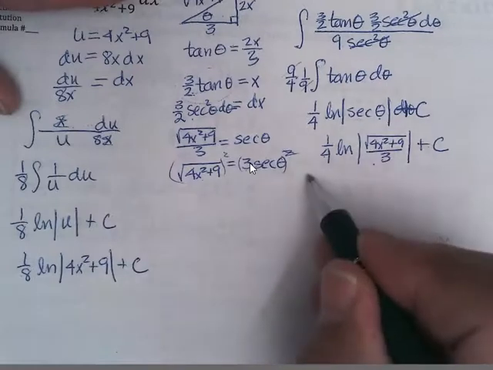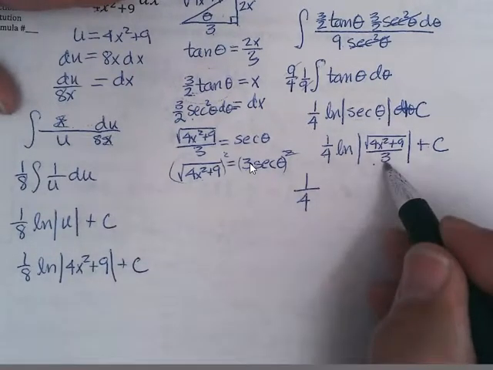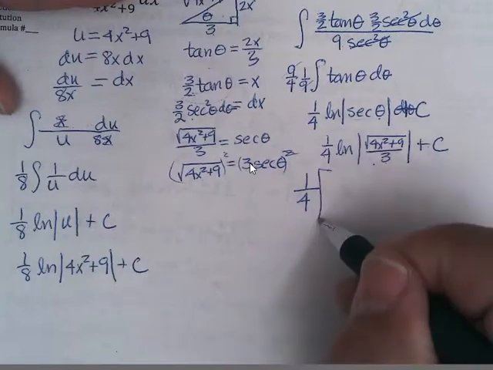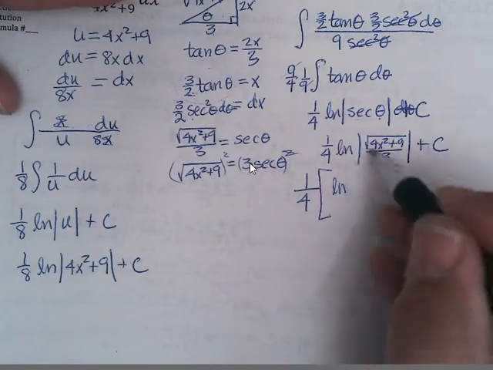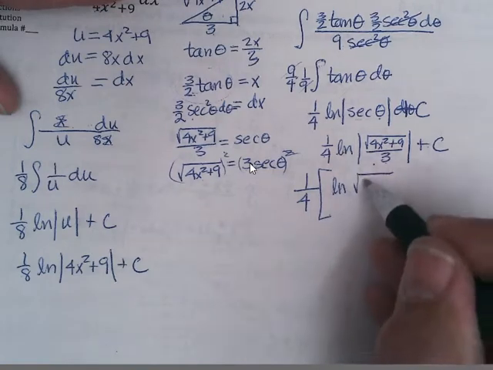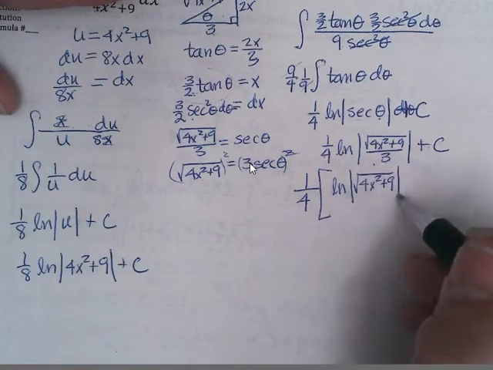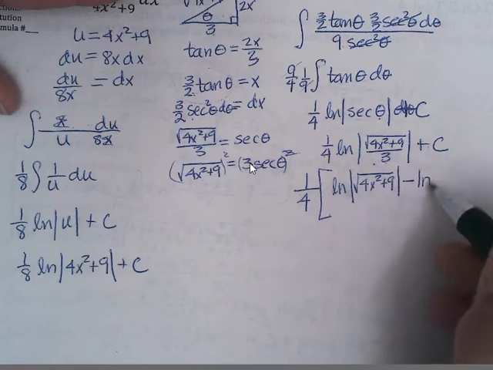Well, if you know your log rules, the log of two things divided become the natural log of the numerator minus the natural log of the denominator.